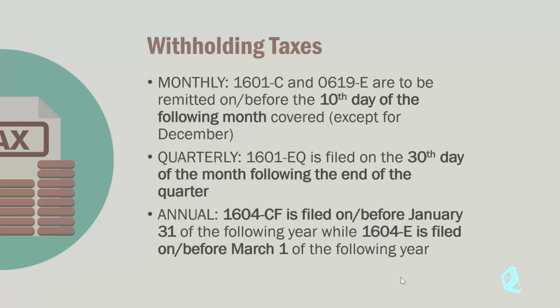December is covered by a different form, and that is the annual form, which is 1604CF and 1604E. They have different deadlines. They are not payable on the 10th of January. They are payable on a different date. 1604CF is filed on or before January 31, and 1604E is filed on or before March 1.